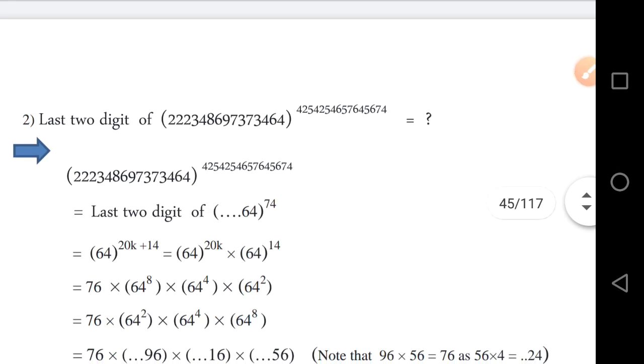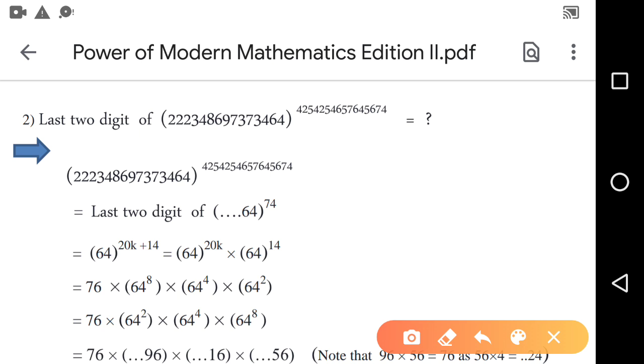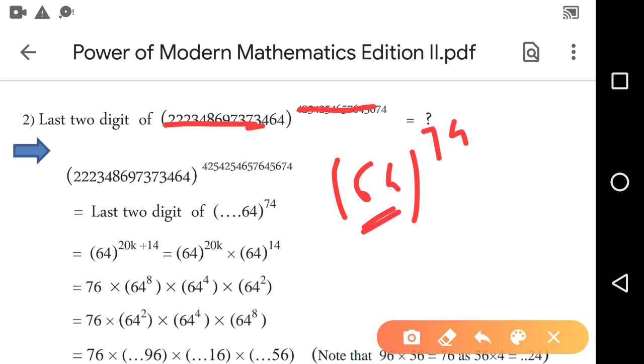Now for the last two digits of this, consider just the last two digits of the base and of the power, that is 64 raised to 74. Now the periodicity of the last two digits in base 10 is 20.